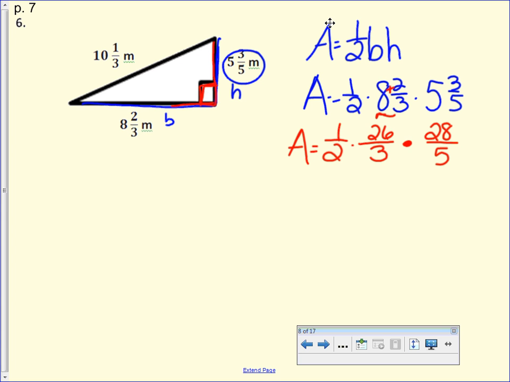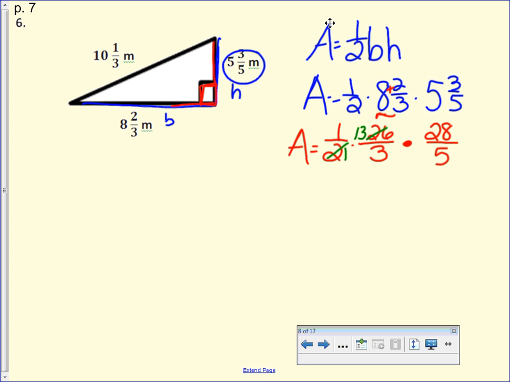But can I cross-reduce something to make some of the numbers a little smaller? Is there anything that I can cross-reduce on an angle? The 2 and the 26. 2 divided by 2 is 1. 26 divided by 2 is 13.